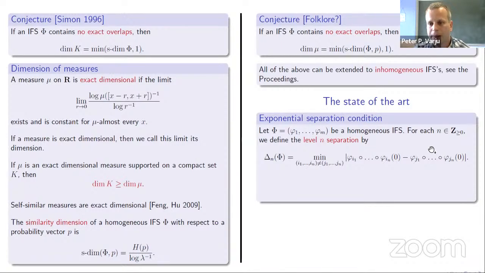So not having exact overlaps is equivalent to this number being strictly positive for all values of n.